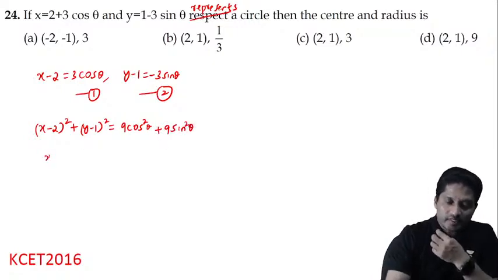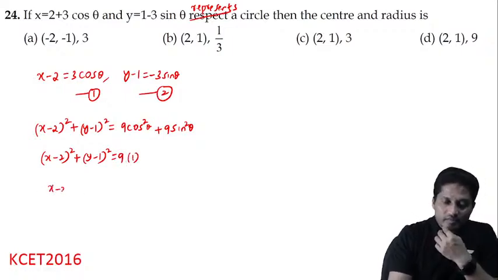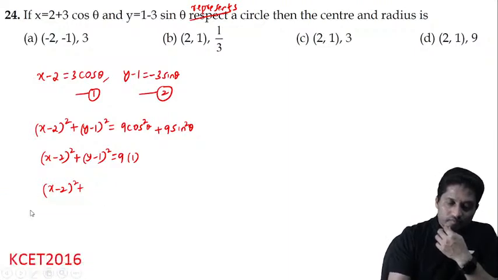This is equal to 9 times (cos square plus sin square), and cos square plus sin square is anyway 1. So (x minus 2) the whole square plus (y minus 1) the whole square is equal to 3 square.